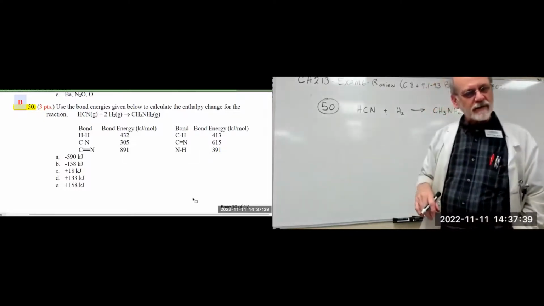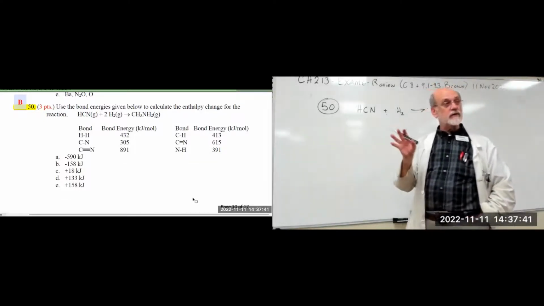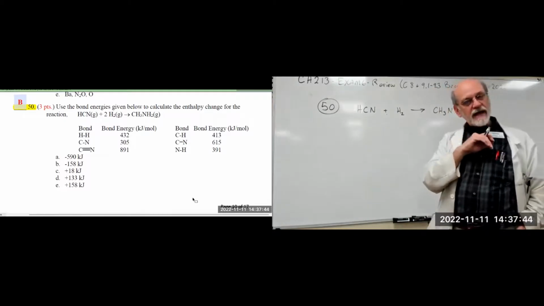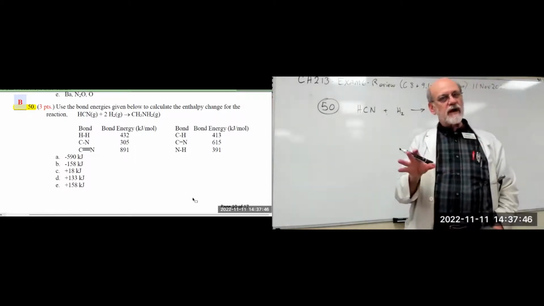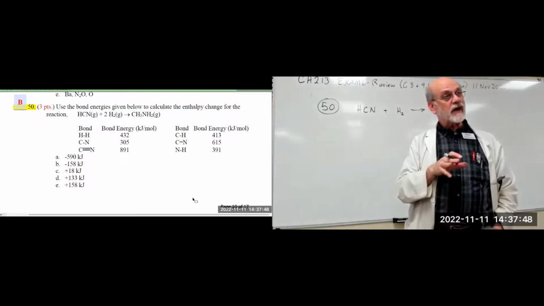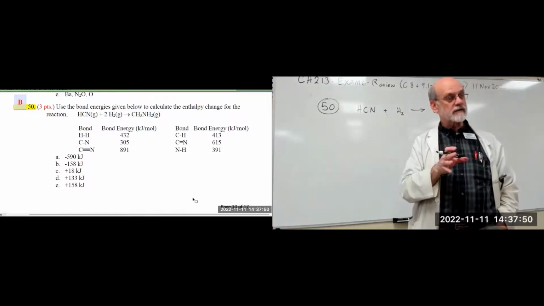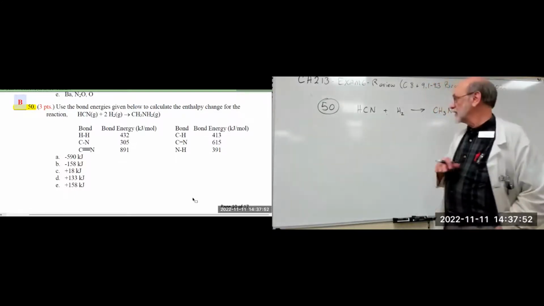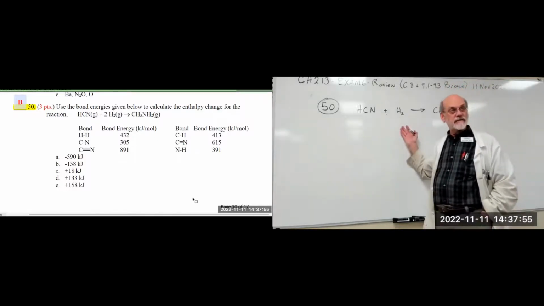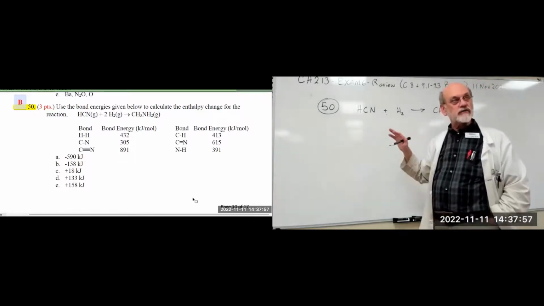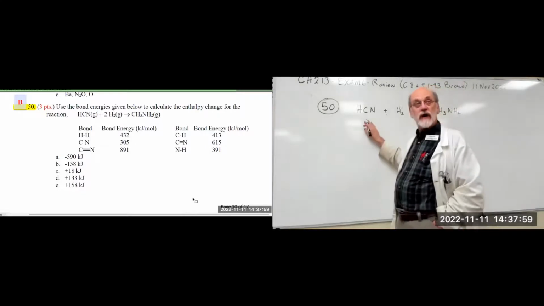Now, how are we going to figure out the bond energies? Remember what we do. We add up the energies for each of the bonds in our reactants and subtract the bond energies for the products. But this doesn't tell you what kind of bonds you have. You've got to draw the structures. We just drew hydrogen cyanide.